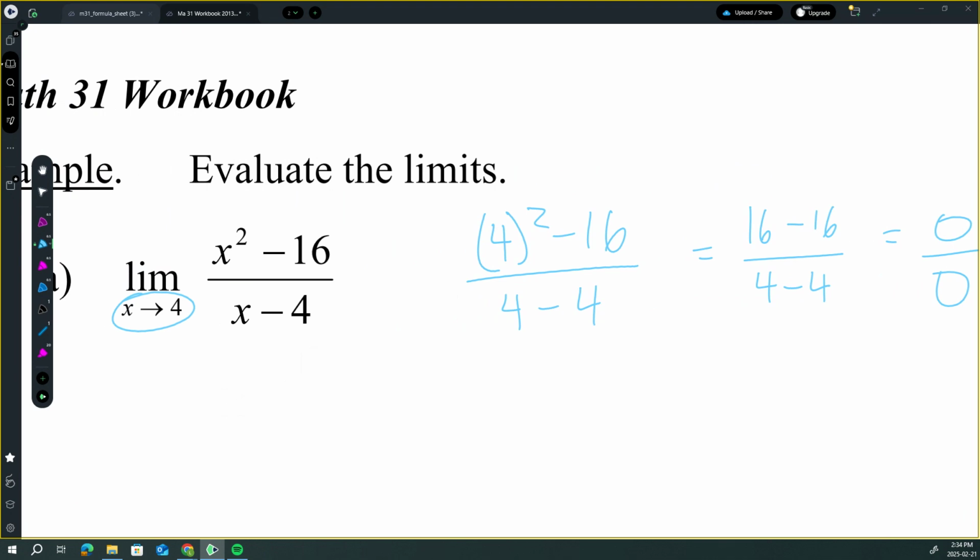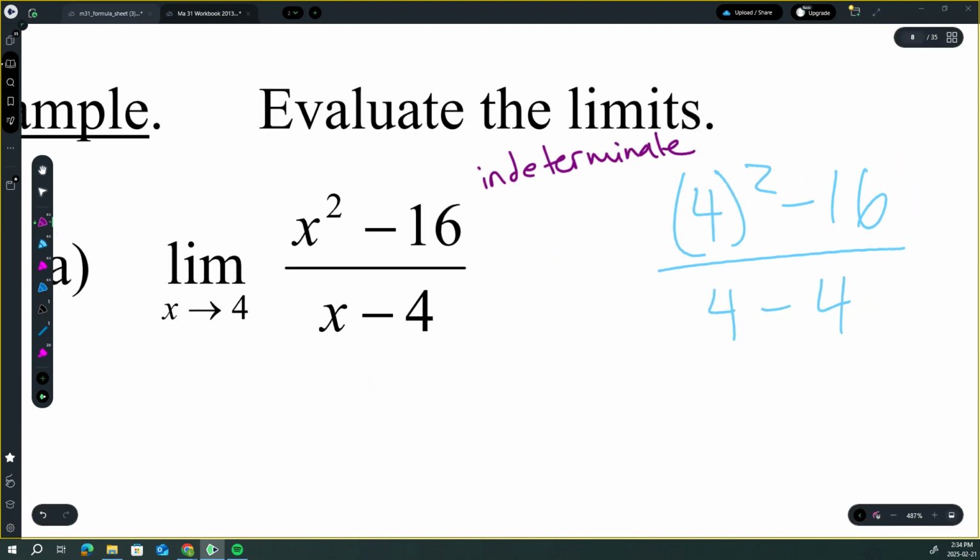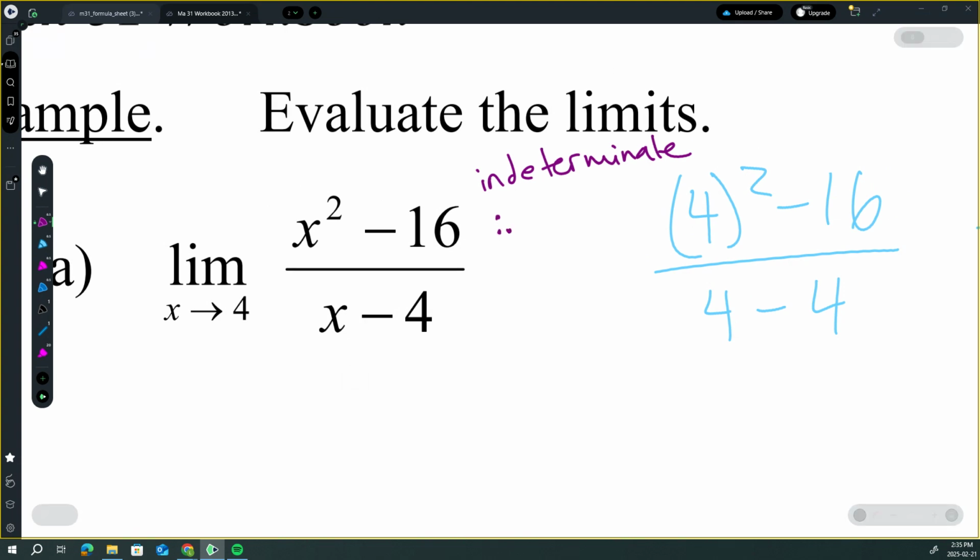That's how you know this is a function that I need to factor, canceling out some factors in order to make this determinate. So I'm going to write here: indeterminate, therefore factor.